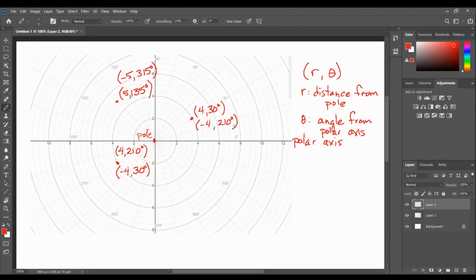Which is both good and bad. Could you explain how you get the -5, the number 315 degrees? Yes. Let me come back in here. Let me change color so I'm not confusing things too much. So this angle right here, which would extend out there, is halfway between the 120 and the 150, which is a difference of 30.